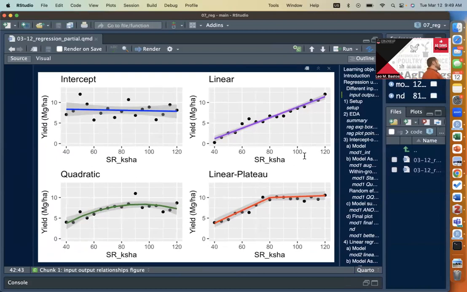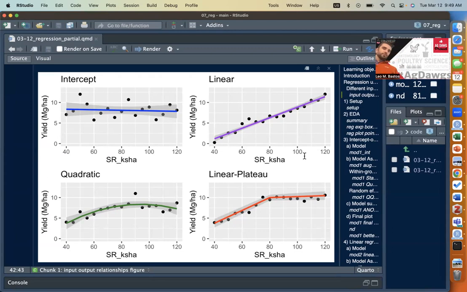For all of these 4 plots here, we have yield, a numerical variable, on the y-axis. We have seeding rate, our numerical variable, on the x-axis. And we have 4 different patterns here of how those 2 things can relate. These are just 4 examples, and it doesn't even have to be this way. There are other models that could perhaps fit here. I think these are the most common, at least in my discipline.